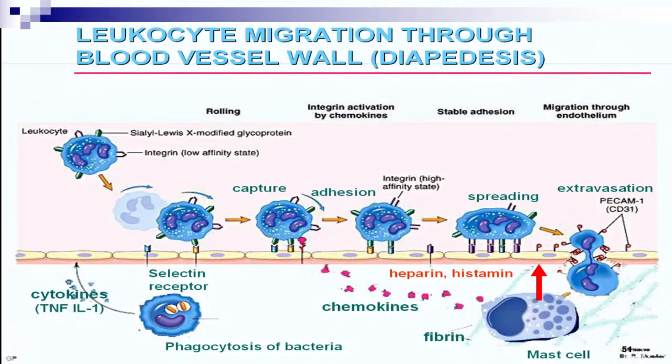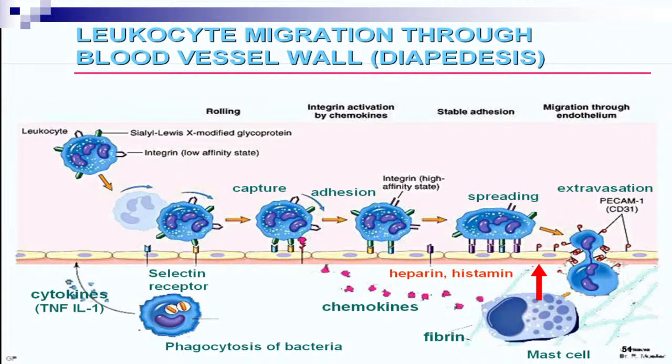So next is the migration of neutrophils through the vessel wall. This process is named diapedesis, extravasation. During this process, we can see its stages. Mast cells release heparin, histamine, and cytokines, including the neutrophil taxis factor. Taxis is movement.